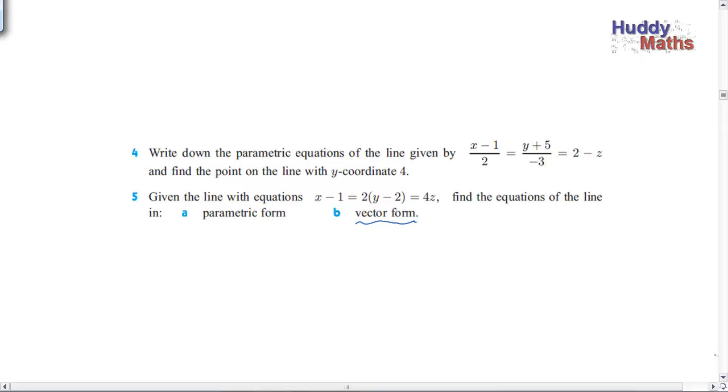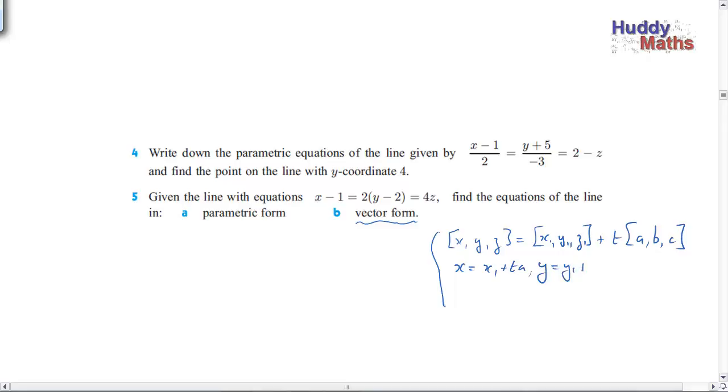It has three forms. The vector equation, let's summarise this here, goes up through a known point, call it x1, y1, z1, going out to that point, plus t lots of the direction vector. That is a vector equation. Then we have the parametrics, breaking those down: x equals x1 plus t times a, y equals y1 plus t times b, and z equals z1 plus t times c.